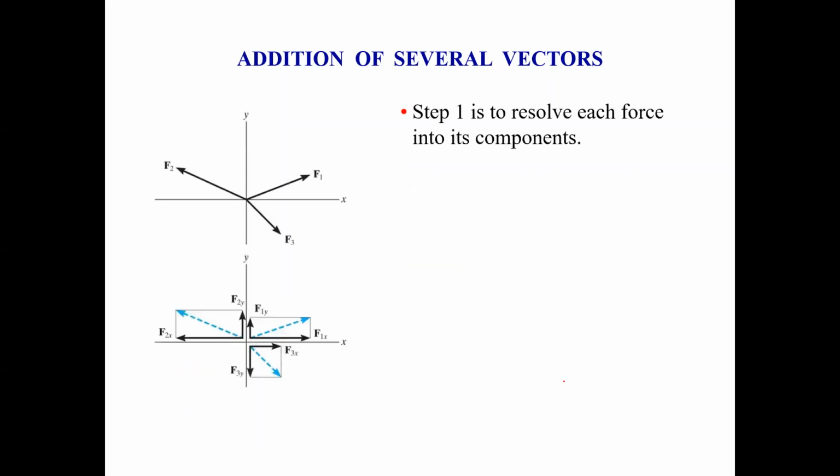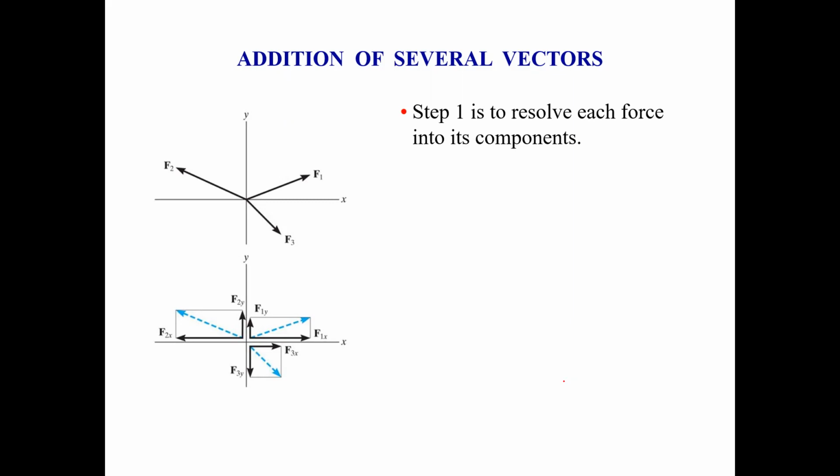Now let's talk about addition of several vectors. We have different vectors, maybe 5 vectors, 10 vectors, 20 vectors, maybe 2 vectors. Now we need to add all those vectors. How do we add all those vectors?